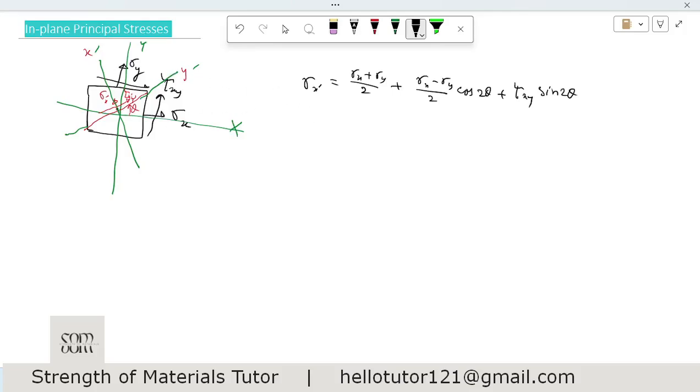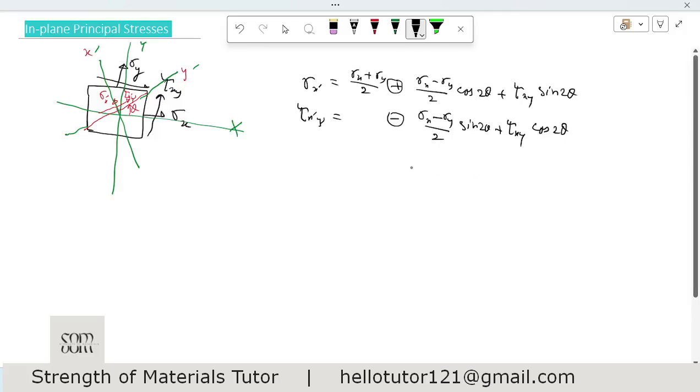And we know the shear stress tau x prime y prime is equal to minus sigma x minus sigma y divided by 2 sine of 2 theta plus tau xy cosine of 2 theta, okay? Now we know these stresses on this inclined or transformed plane.